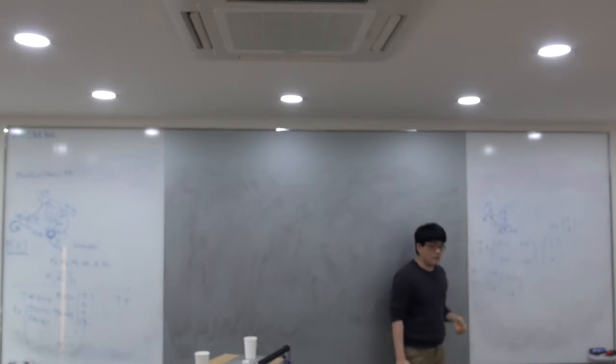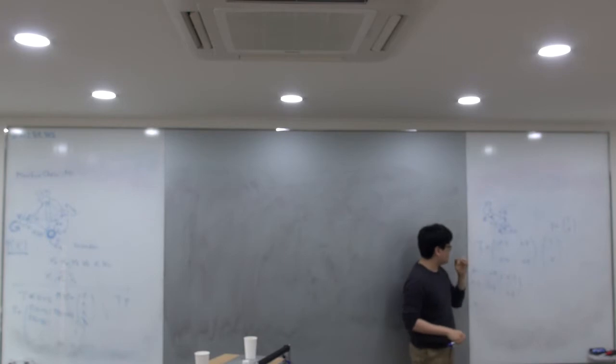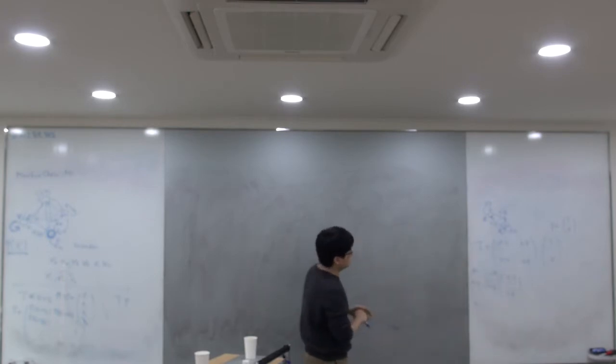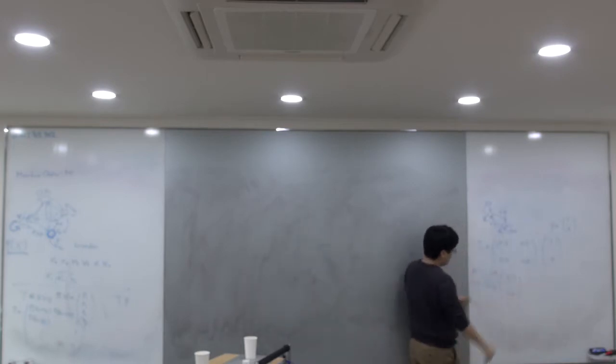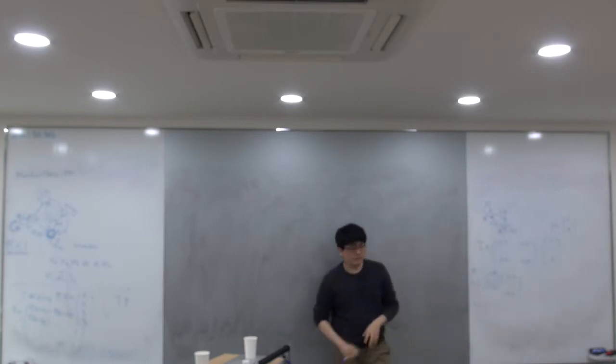This one is actually marginalization. The multiplication of this matrix is actually marginalization, because there's a summation, right? This one is the joint distribution. Multiplying these two gives you a joint distribution, and the summation will marginalize.